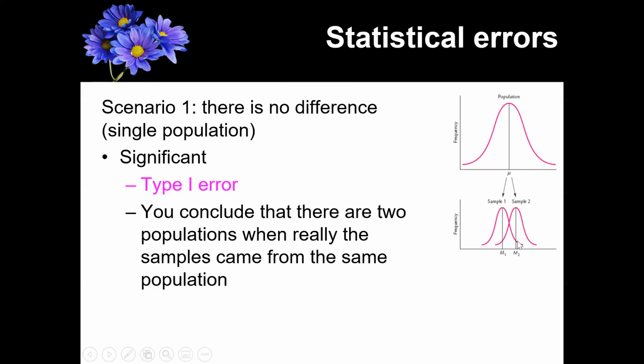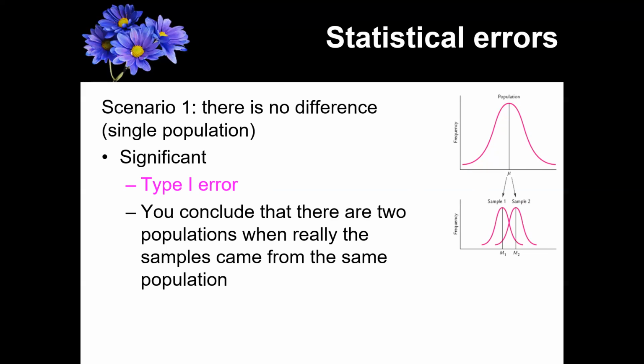Maybe you happen to draw a sample where the people using cell phones make a lot more errors than the other sample. It's not super likely, but it is certainly possible that you draw sample means that are different enough that you get a false positive.